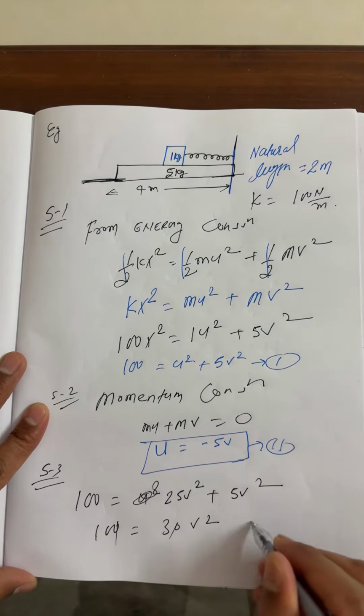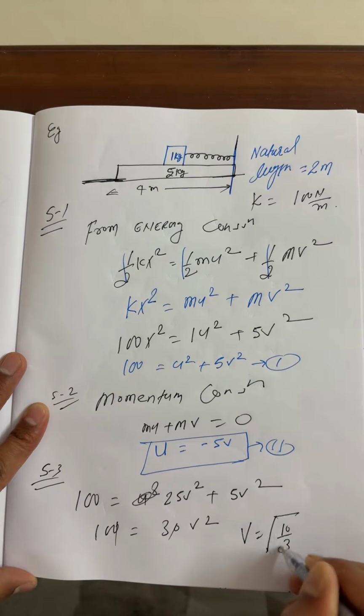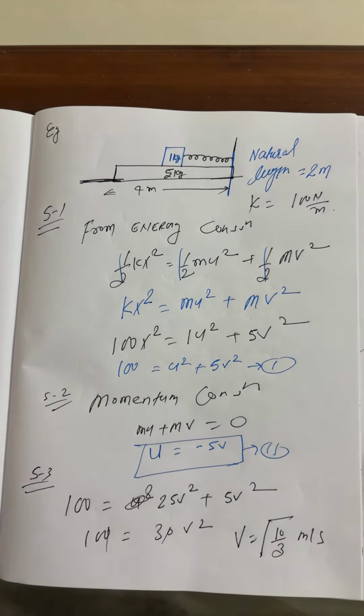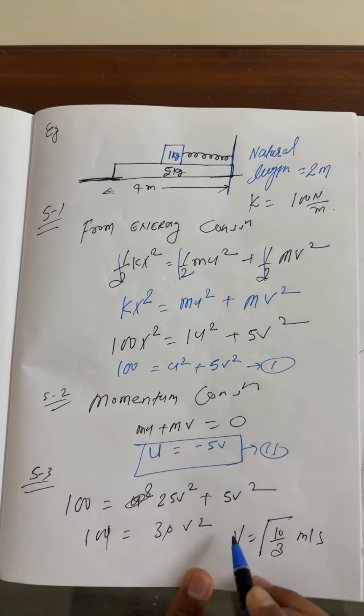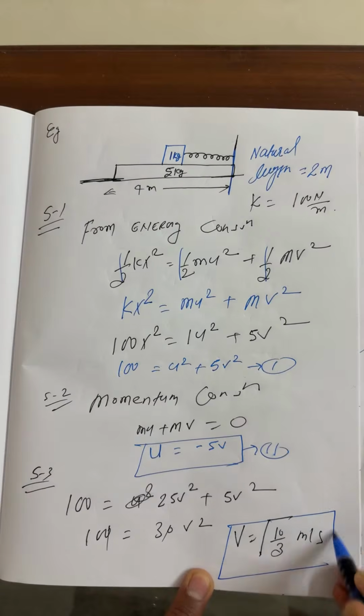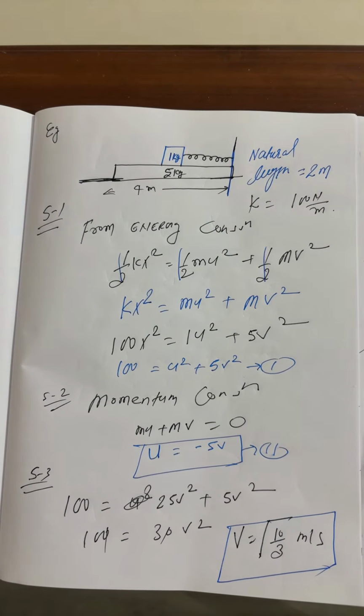So you can write v is equal to root of 10 by 3 meter per second. Student, this is v we got. This is the velocity of the plank.